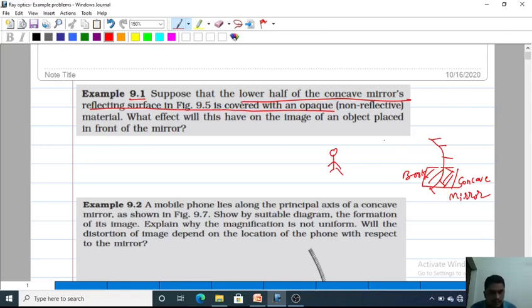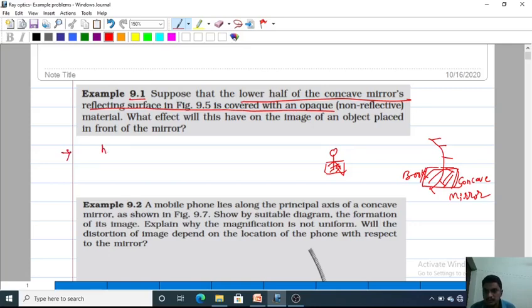Okay, so what will happen when half of this concave mirror is covered with a non reflective surface? Here nothing will happen to the size of the image. If you cover half of the mirror, some people may think that we cannot see half of the object, but that is a wrong concept. We will see the entire image, but the intensity of the image will decrease.